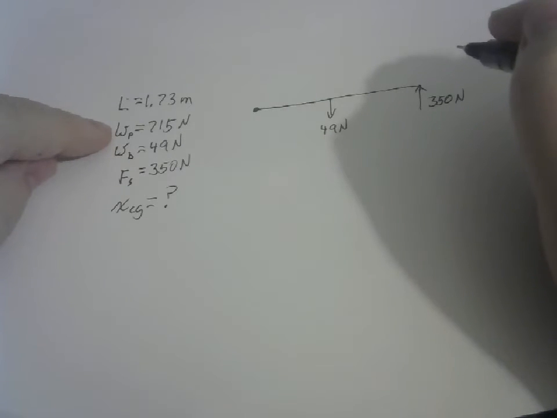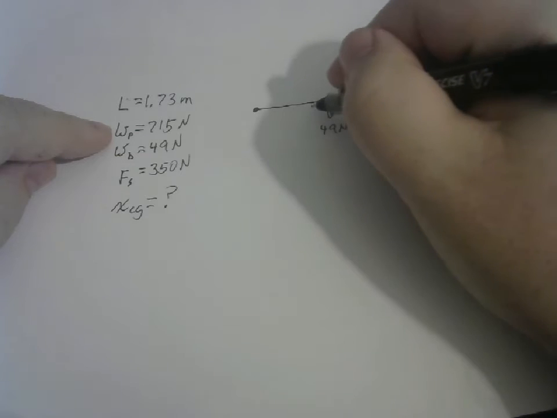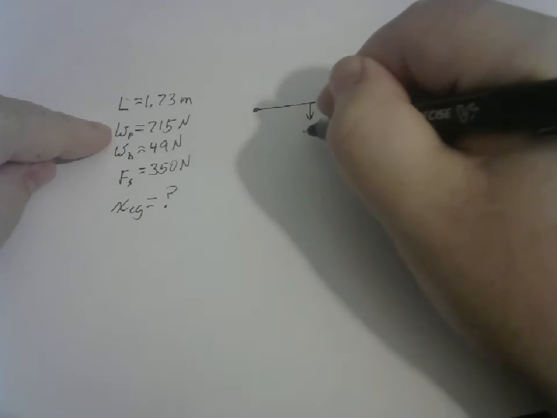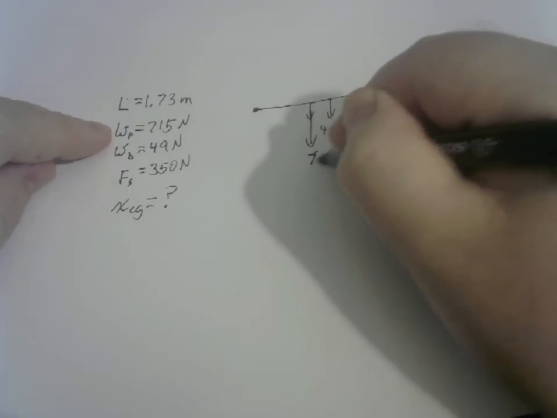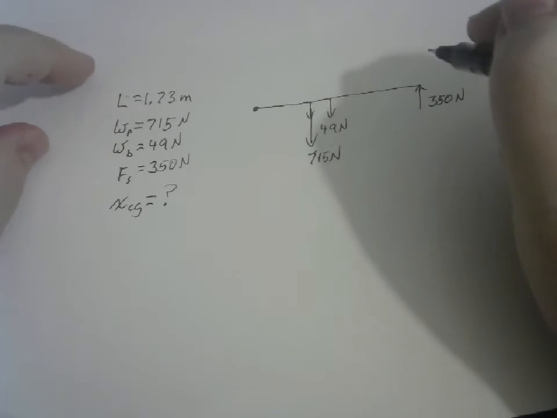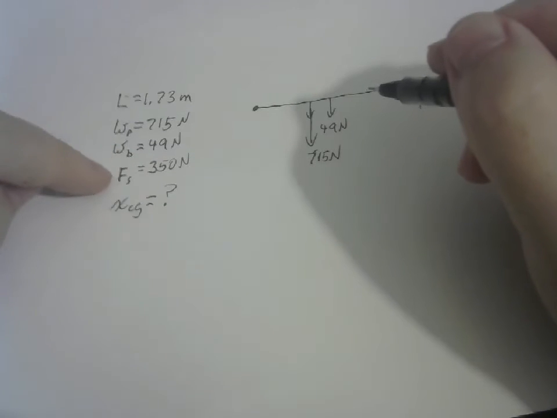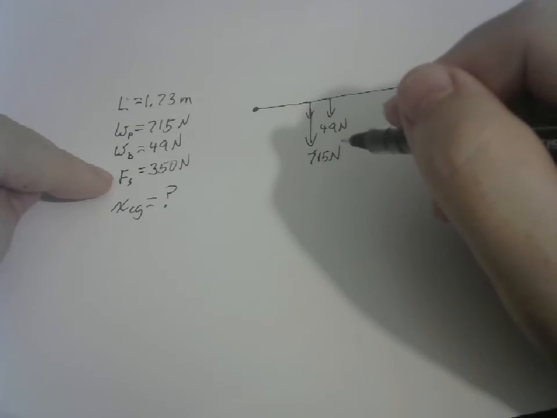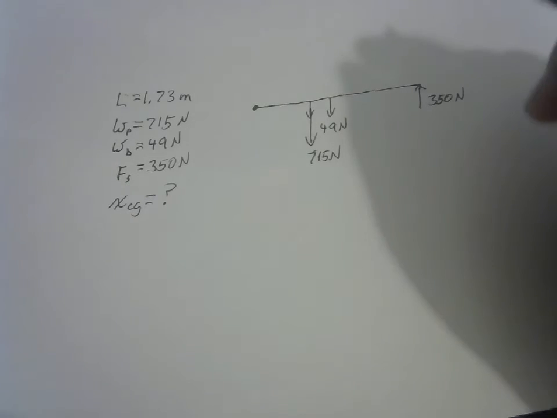The weight of the person is 715 newtons, and we don't know exactly where that's going to be. Let's put it here, 715 newtons. So we've got the three forces, and we need the x center of gravity.